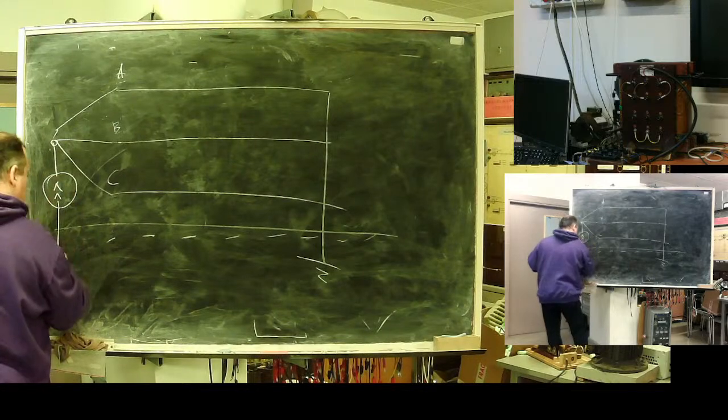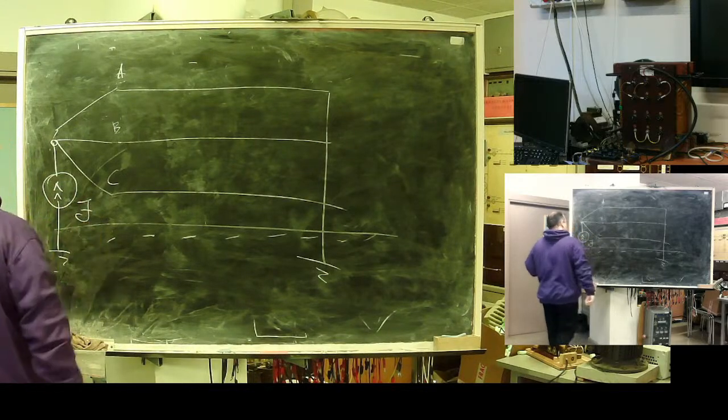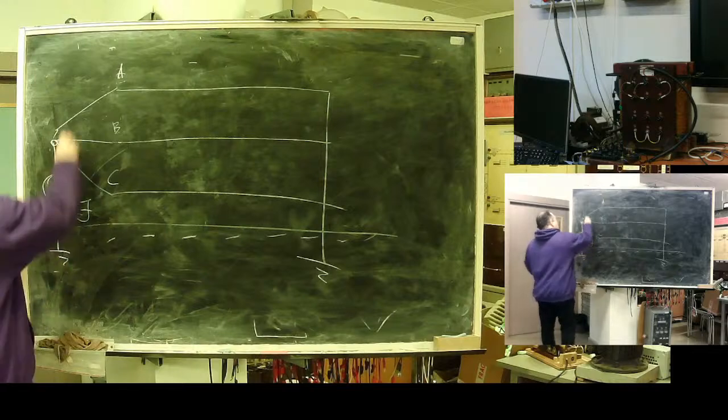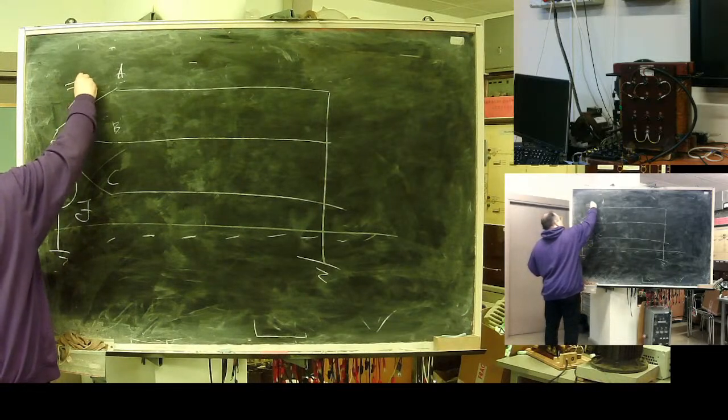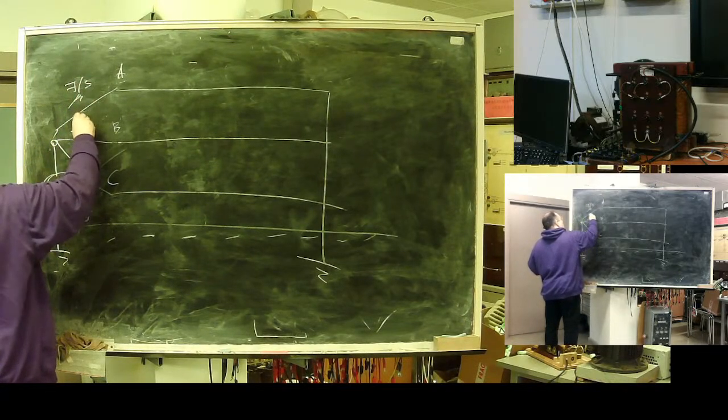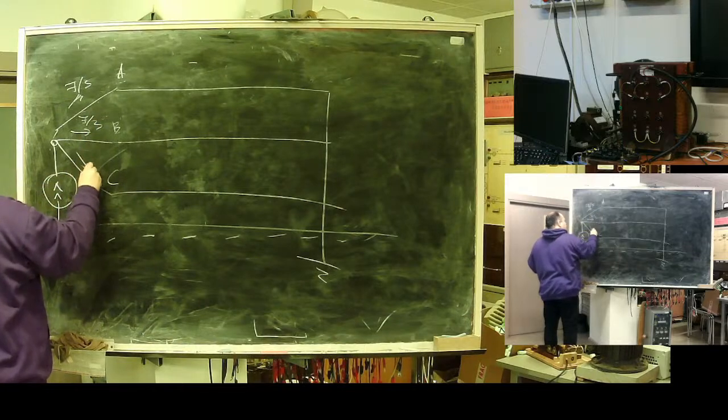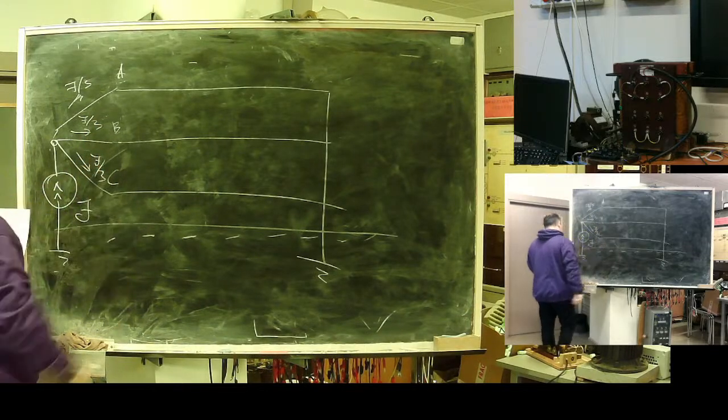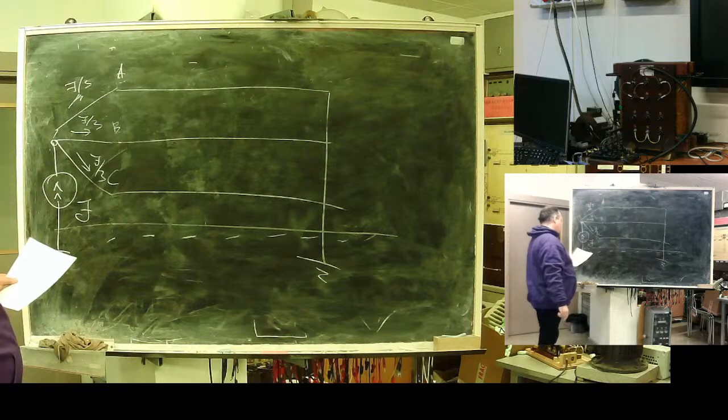I assume a current source powering all of this, and 1/3 of the current flows in each line.